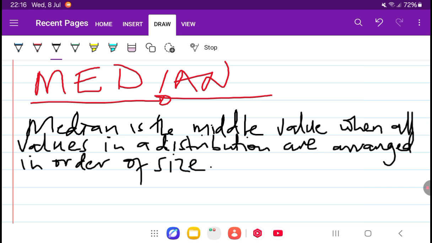In other words, we arrange these data values based on their magnitude or the size.